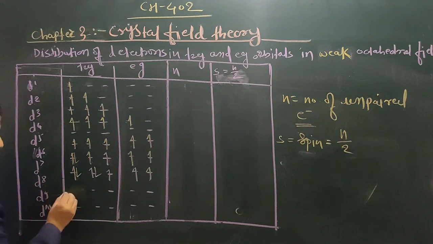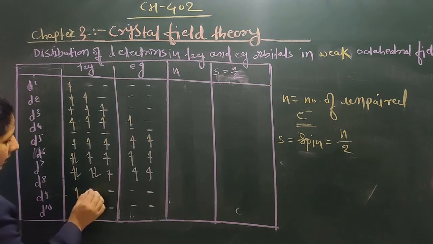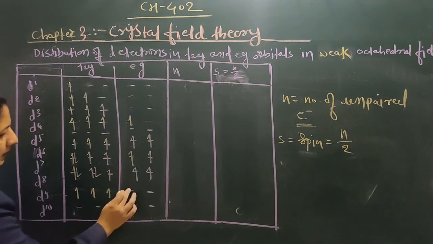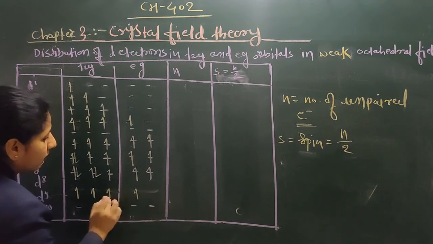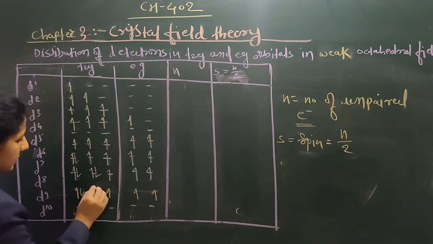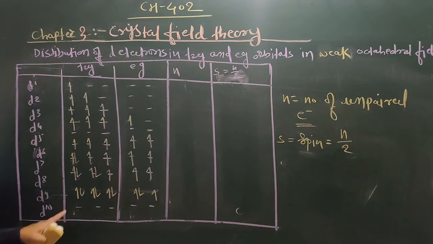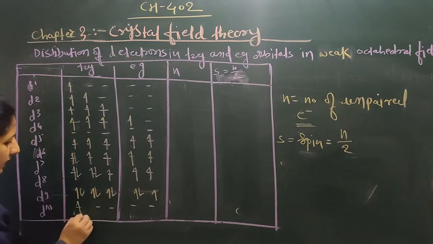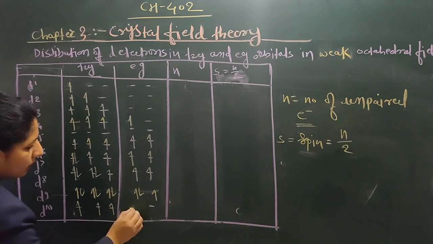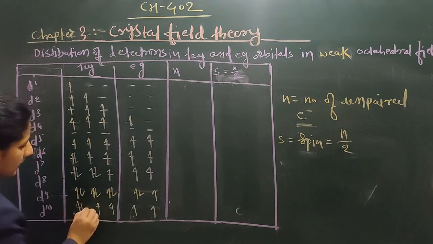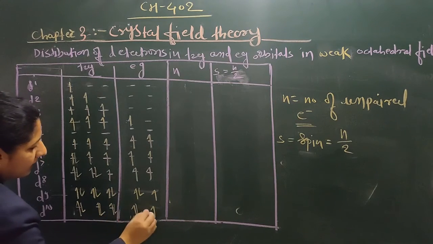For D9 it will be 1, 2, 3, 4, 5, 6, 7, 8, 9. For D10 that is 1, 2, 3, 4, 5, 6, 7, 8, 9, 10.